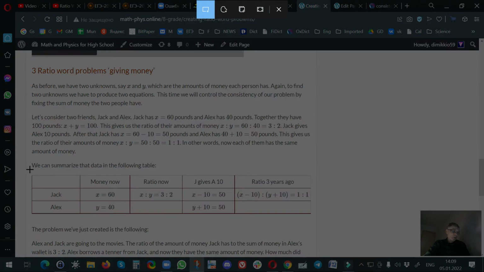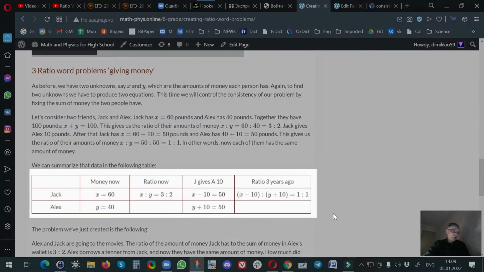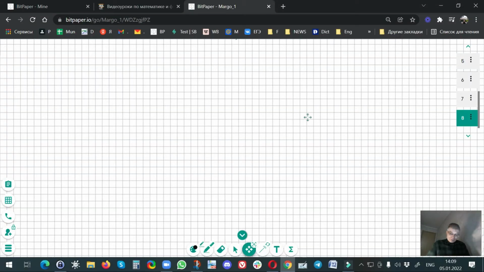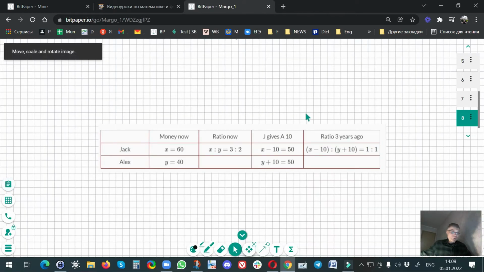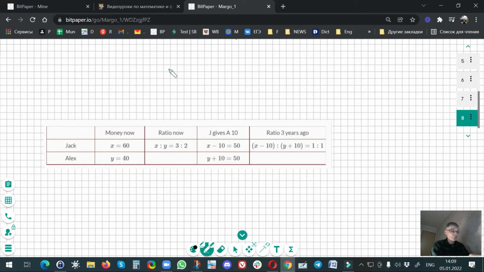To control the consistency of your problem, we can start by choosing the whole amount of money. As you see from the table, I have chosen 100, so Jack and Alex, two friends, together have 60 plus 40, which gives me 100.